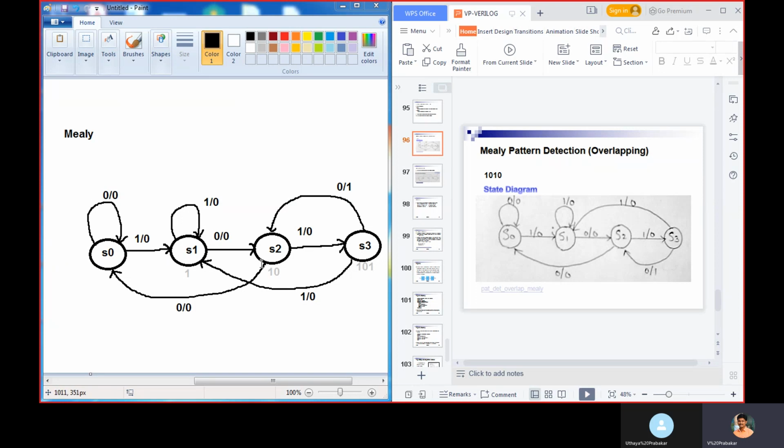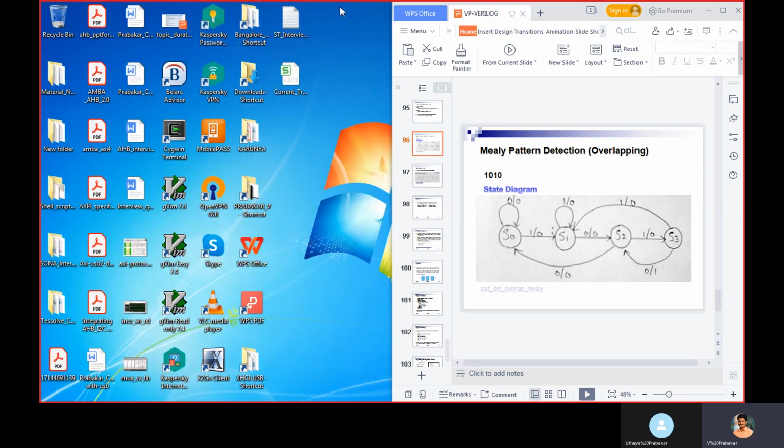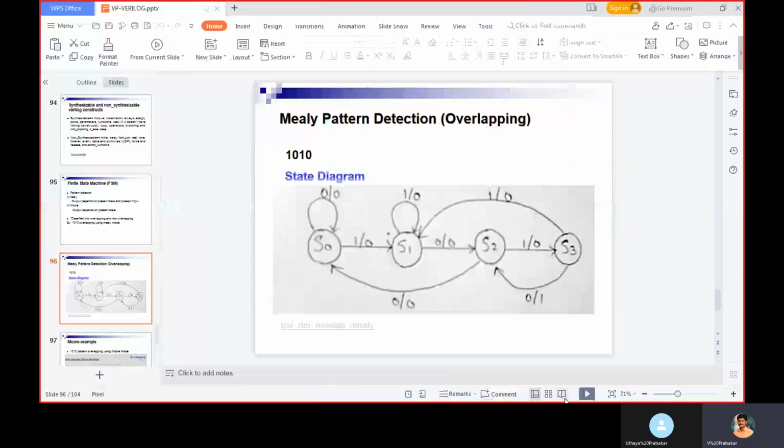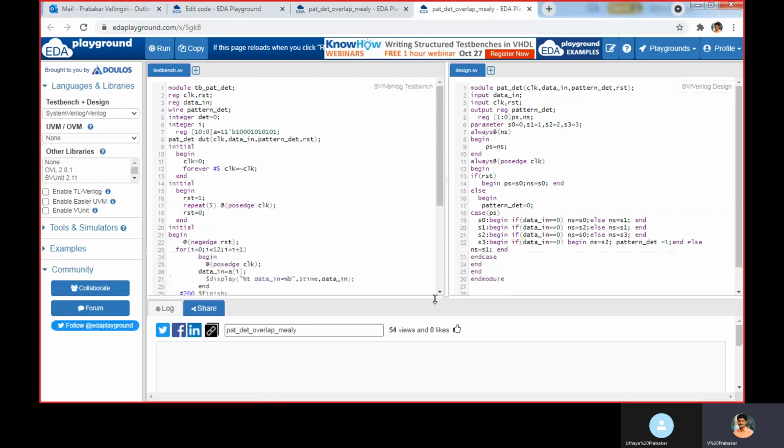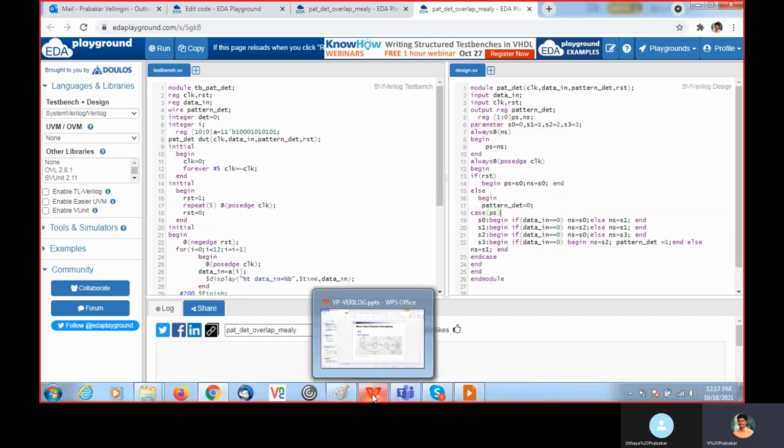So now we draw the FSM. The next thing is we need to implement the code. On the right side, we implement the FSM here. So take the diagram.